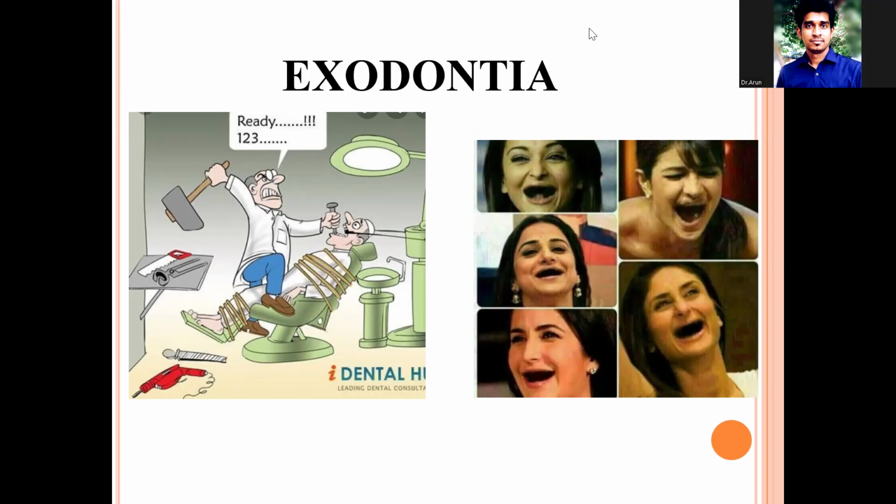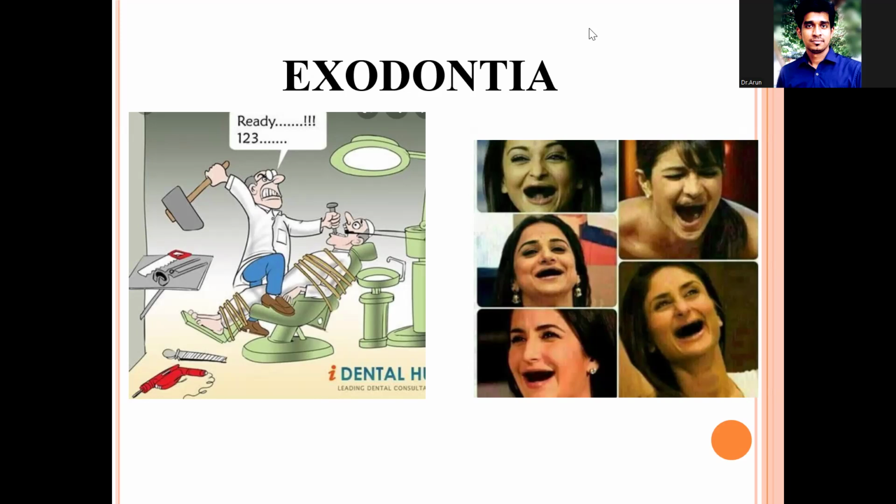Relative contraindications include patients with diabetes which is under control, hypertension, bleeding disorders, pregnancy, cardiac disease, immunocompromised patients, and patients with liver dysfunction. Local contraindications are where your patient has acute infection, severe cellulitis, pericoronitis, and hemangioma.